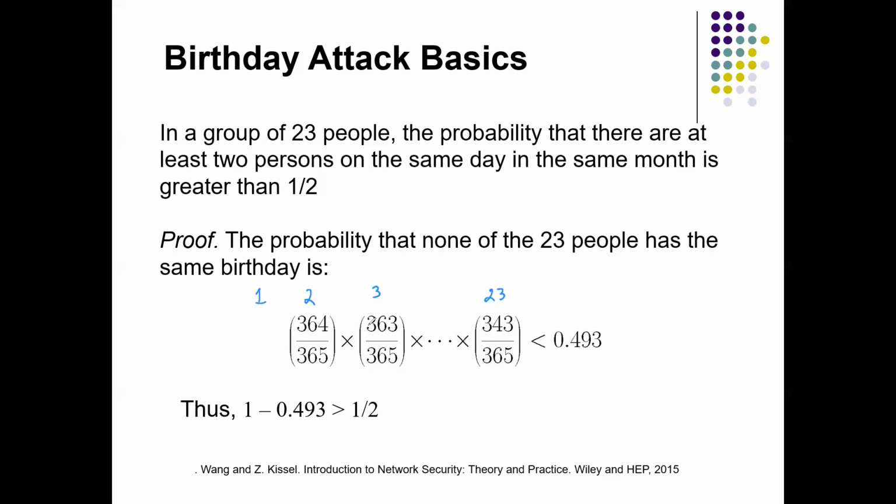Likewise, the third person is 363 over 365, and the last person is 343 over 365, because the last person cannot be the same as any one of those already picked. So this is the probability that none of the 23 people have the same birthday, which is less than 0.493. Hence, the probability that at least 2 of them have the same birthday is 1 minus this number, which is greater than 1/2.